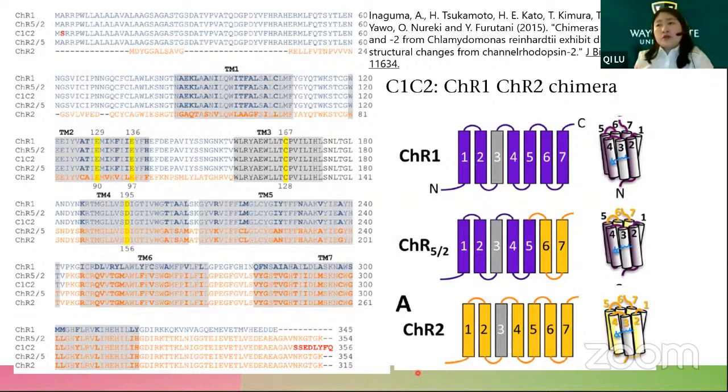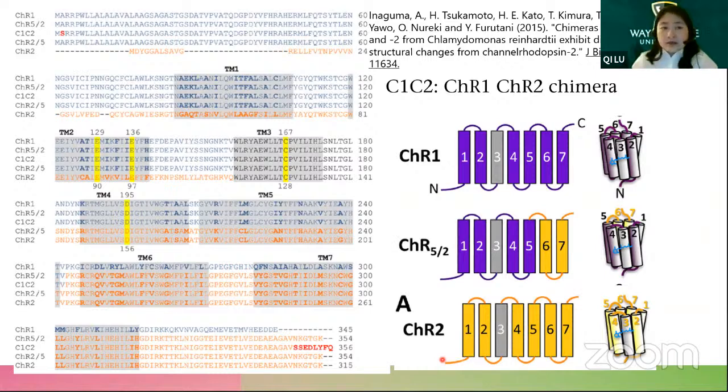I think maybe that's because it is easier to form the structure, or for experimental advantage, they produced a chimera. Alpha helices 1 to 5 and the N-terminal come from CHR1, and the last two alpha helices and the C-terminal come from CHR2. So it's a chimera. It's neither CHR1 nor CHR2.